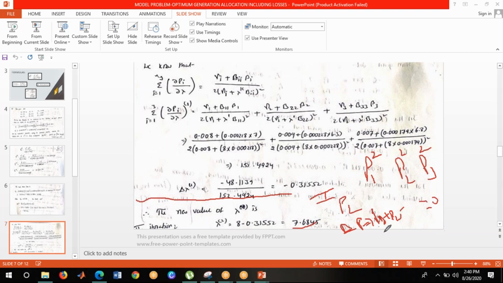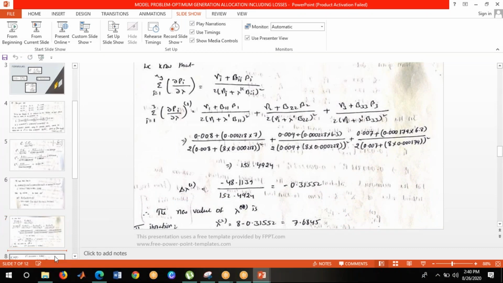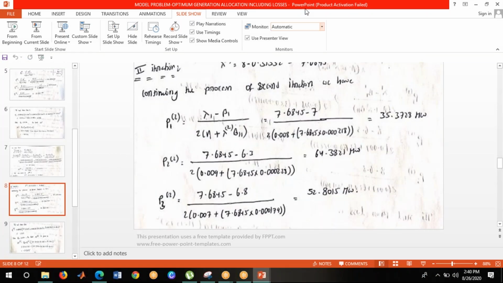Again, if it is not equal to 0, then we have to proceed again. So you will do up to here, then look at the remaining. This is the second iteration. Here we are considering lambda equals 7.6845.